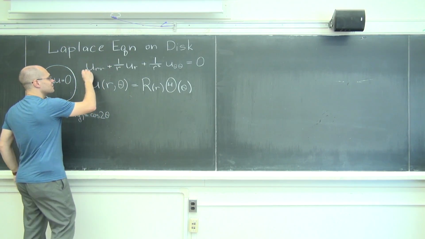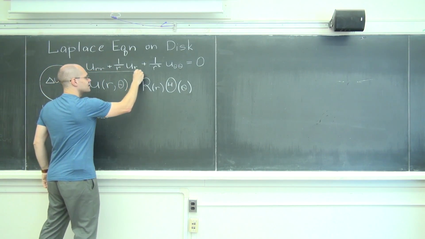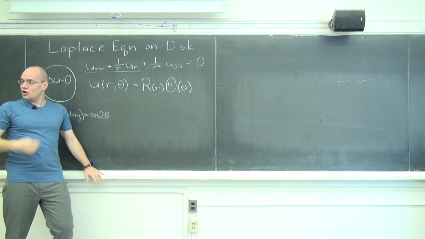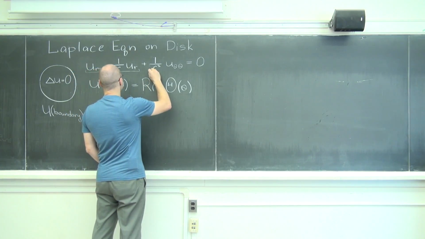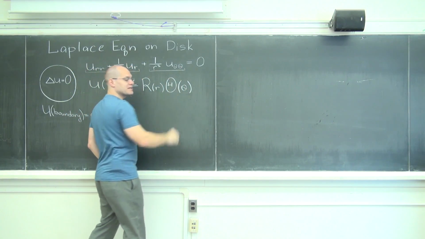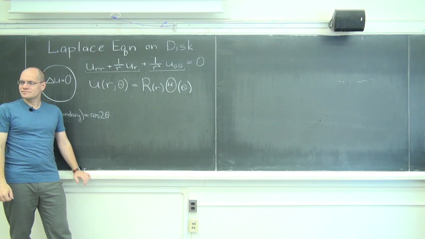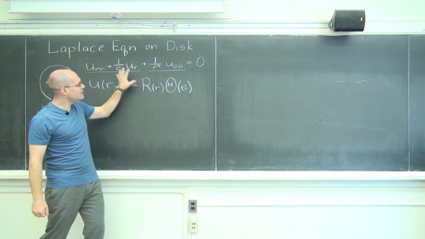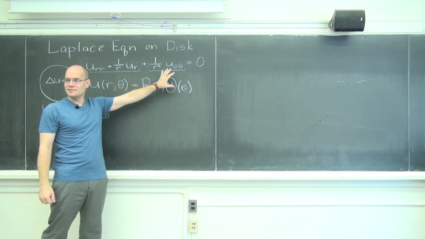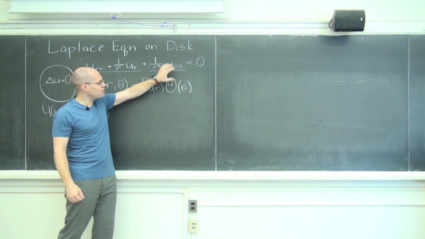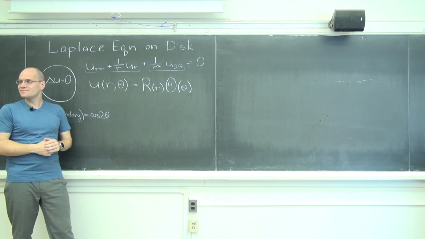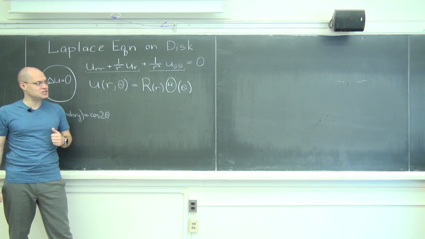So I want you to think of this as two parts. This is a differential operator that only differentiates with respect to r. And this is a differential operator that only differentiates with respect to theta. So when we plug this into this combined operator, this part will act only on R, and this part will act only on Theta, the other multiple surviving unchanged.